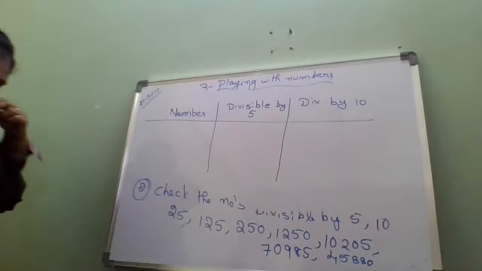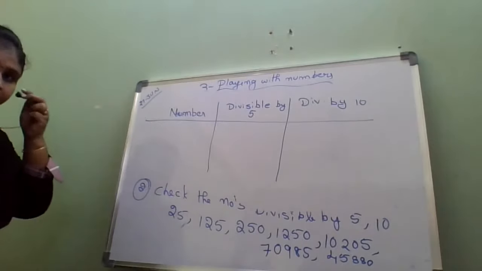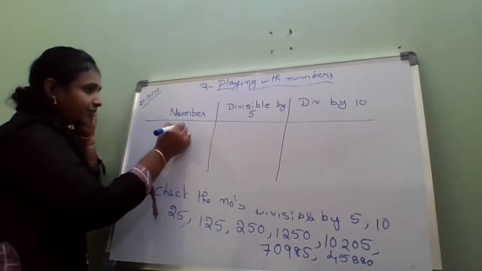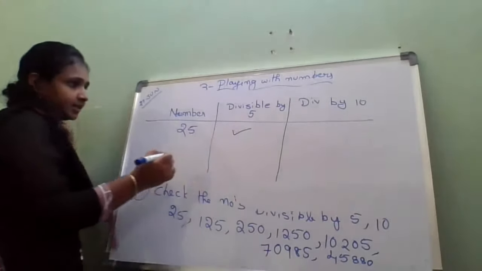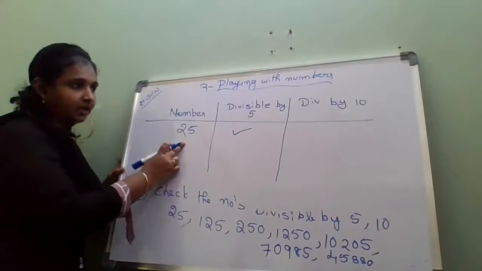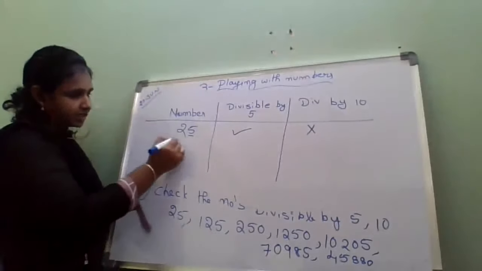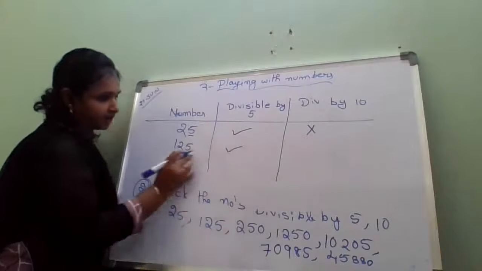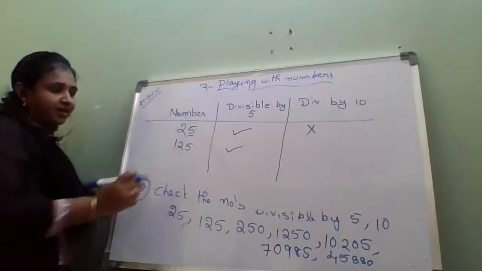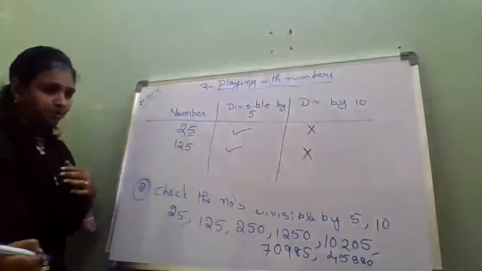Now tell me, first 25. 25 is divisible by 5, yes. Is this number divisible by 10? No, in one's place 0 is not there. So let's take 125. This number is divisible by 5, since in one's place 5 is there, but not divisible by 10.